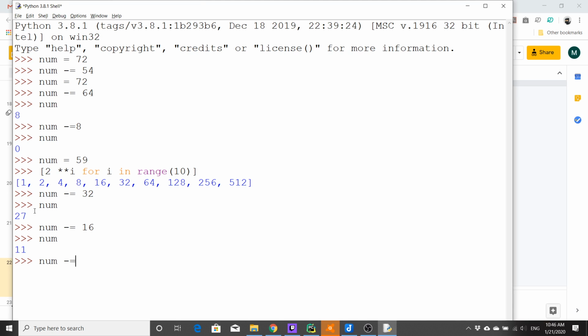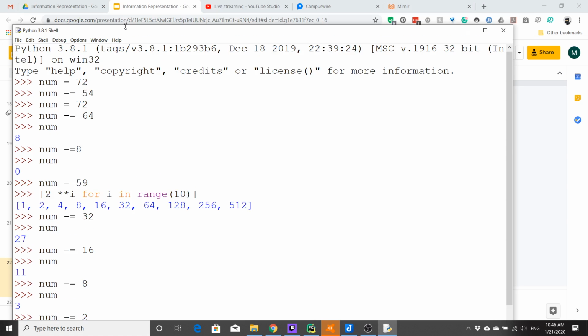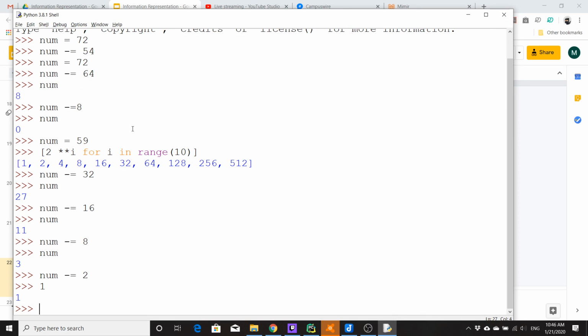Yes, so num minus equals 8, which is going to leave us with 3. Are there any 4s in 3? No. Are there any 2s in 3? Yep, so num minus equals 2. And then we're left with 1, and there's a 1 in 1. So then we subtract out the 1.